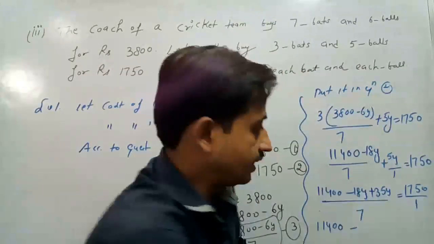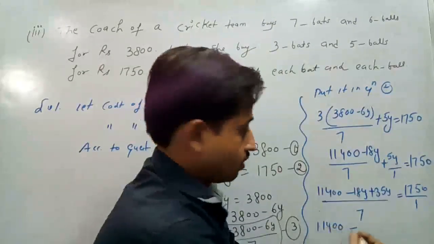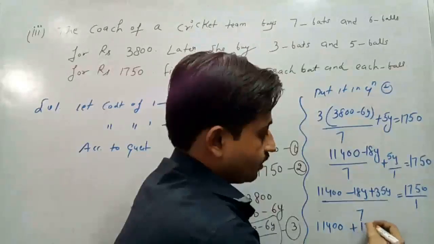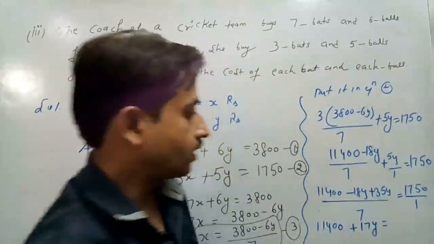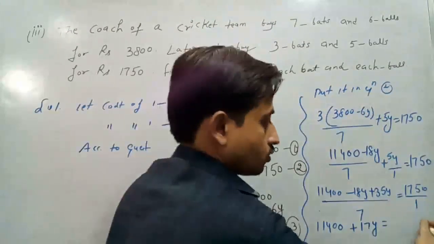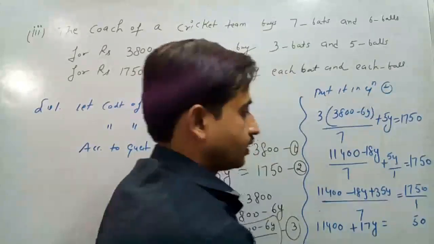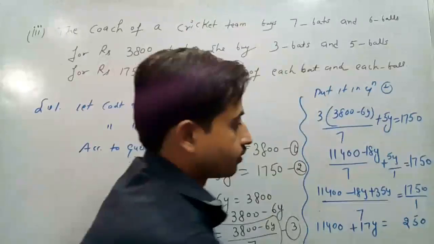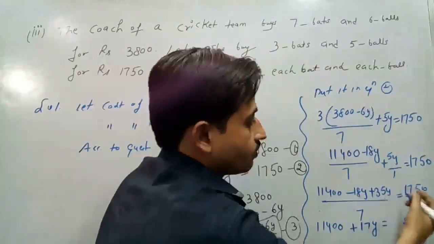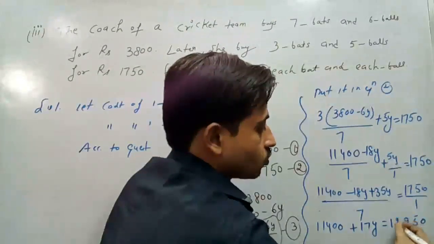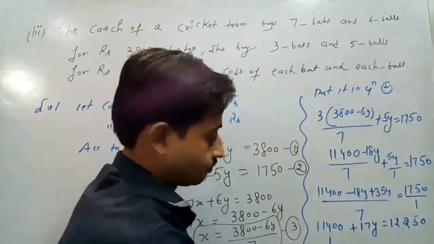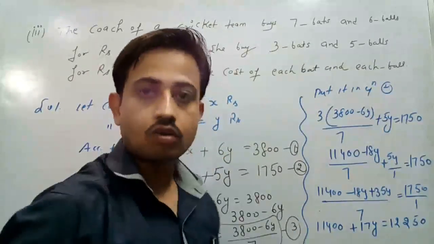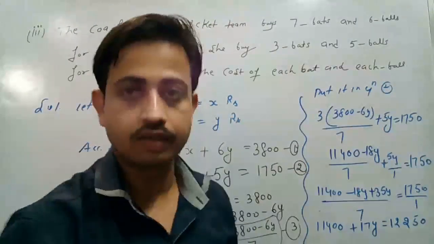Now minus 18y plus 35y, we get plus 17y. Now multiply it with 7. 7 5s are 35, carry 3. 7 7s are 49 or 3, 52, carry 5. 7 with the 7 and 5 is 12. Please make a note first, then I will rub this part.